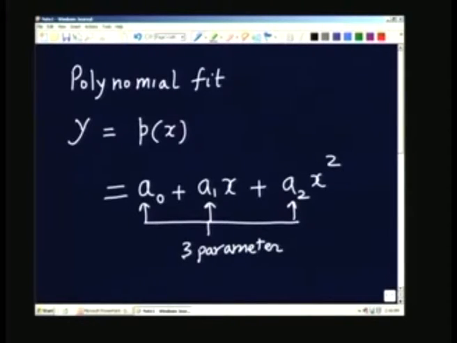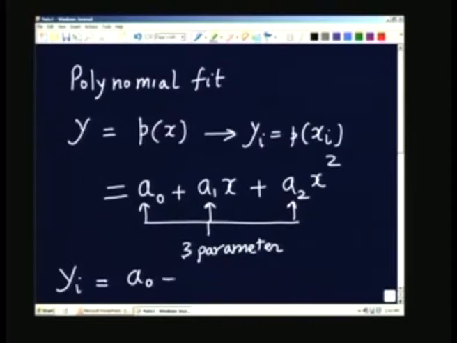So the expression which I have here, y equal to p of x, will be used when it comes to the application of this model as yi equal to p of xi. That means I can elaborate it and write it as yi equal to a naught plus a1 xi plus a2 xi squared.